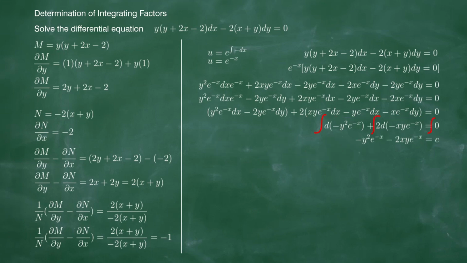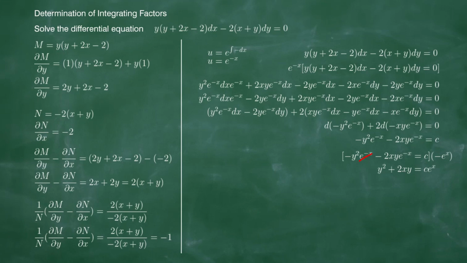Now we get the integral of the derivative of negative y squared e to the negative x, which is negative y squared e to the negative x. And the integral of the derivative of negative xy e to the negative x is negative xy e to the negative x, times 2. If you want to simplify this, we'll just multiply the whole equation by negative e to the x.